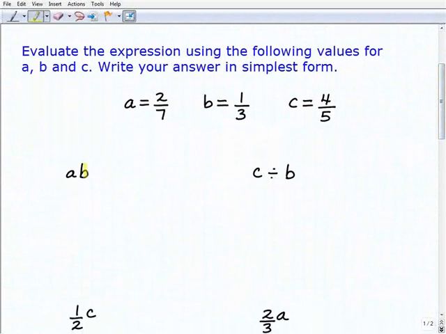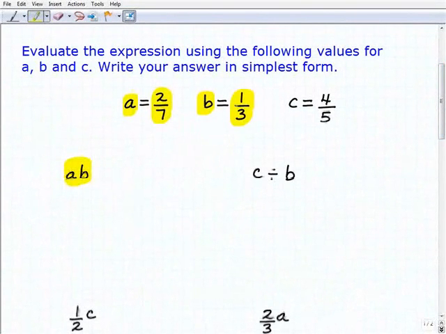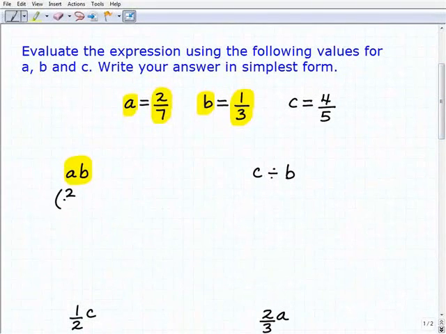So our first expression is AB. So remember that means A times B. So our A value is 2/7 and our B value is 1/3. So we want to go ahead and plug in those values for A times B. So this would be 2/7 multiplied by 1/3.